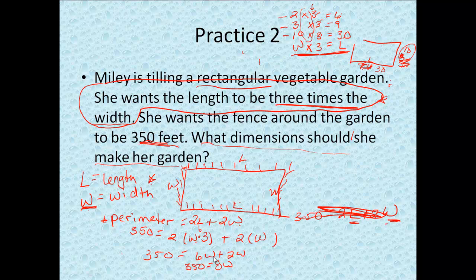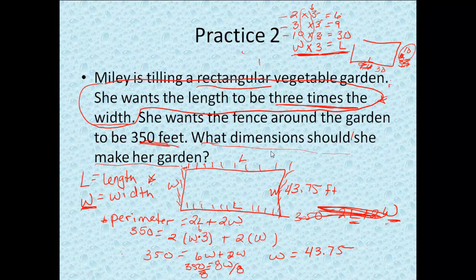Then to get rid of that multiplying by 8, you divide both sides by 8, and you'll end up getting that W is equal to 43.75. So that tells me my width should be 43.75 feet.